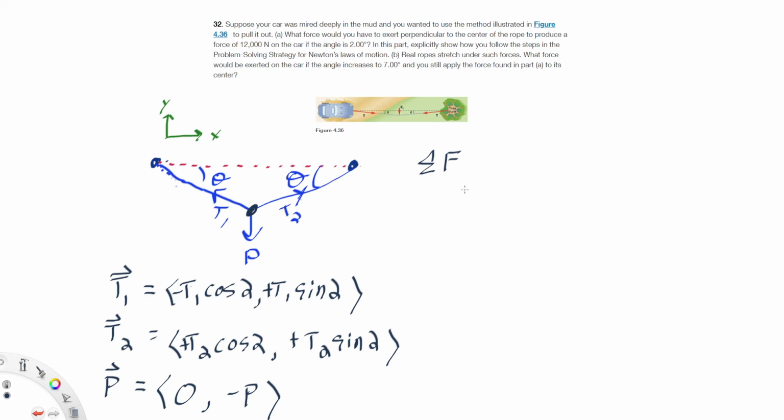Actually, let's maybe start with the x direction. So the sum of forces in the x direction will be T2 cosine 2 minus T1 cosine 2.